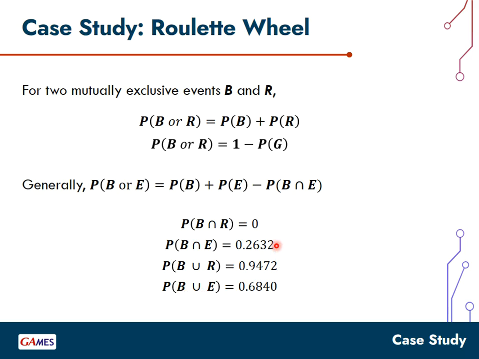But now you need to subtract this. So if you subtract this intersection from the total sum of B separately and E separately, which means from this value 0.9472, you should be getting 0.684. So these are the things we looked at here.